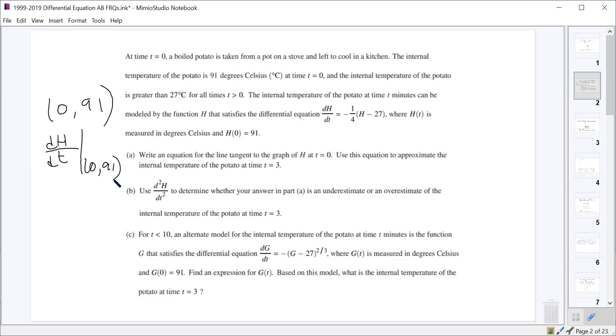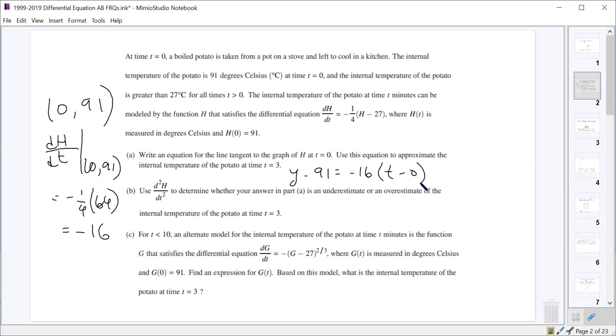So we have negative 1/4 of 64, which ought to be negative 16. So for part A, we're going to write the equation y minus 91 equals negative 16 times (t minus 0). That equation is good enough.